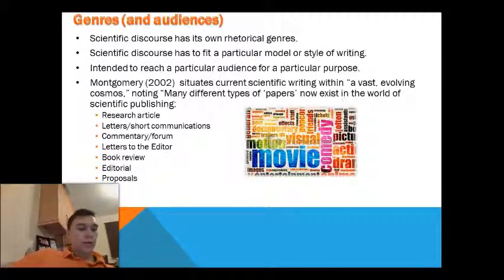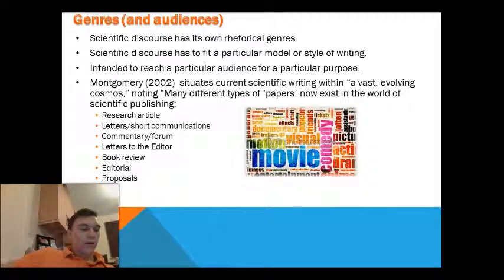Book reviews, which are useful in schools. Editorial accounts, opinion pieces on topics that might range from recent discoveries or ethical concerns. And proposals. A proposal is several things.